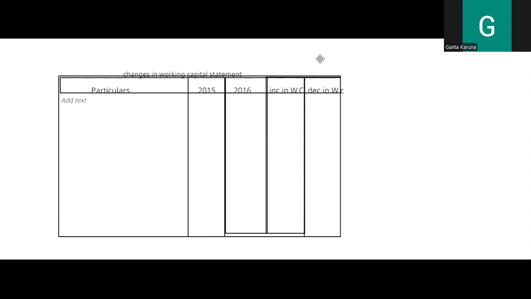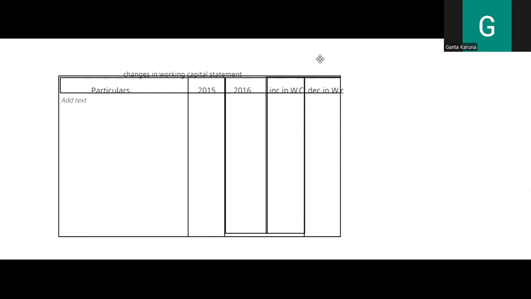For the first year, the cash shows around 1,000, and for the second year, it is 1,200. The last current asset is bank, which for the first year is showing nil, whereas for the second it is showing 16,000. So these are done. These are the current assets we have got.